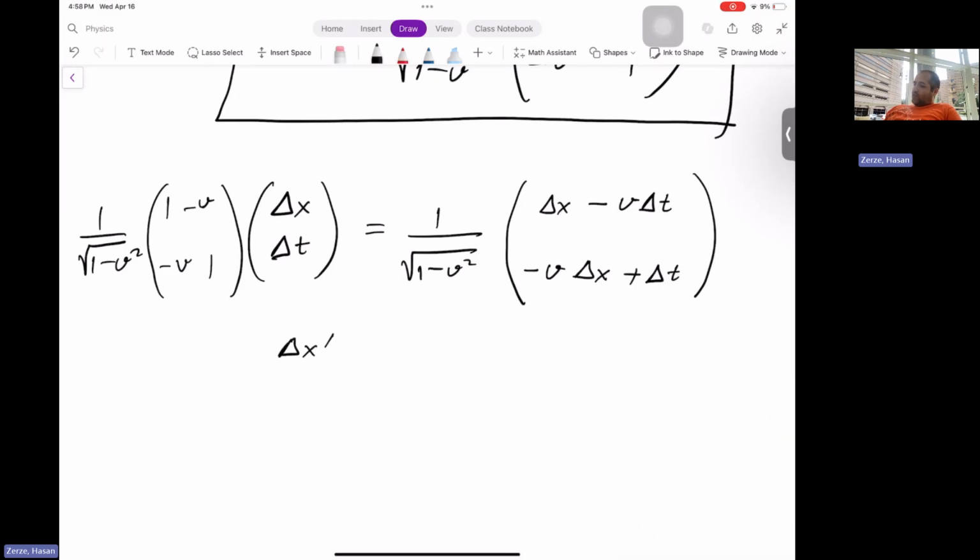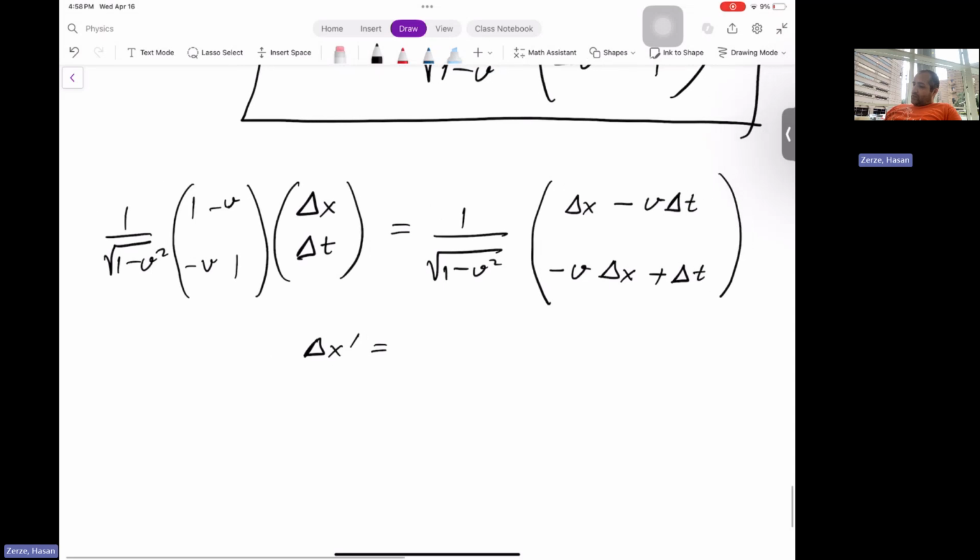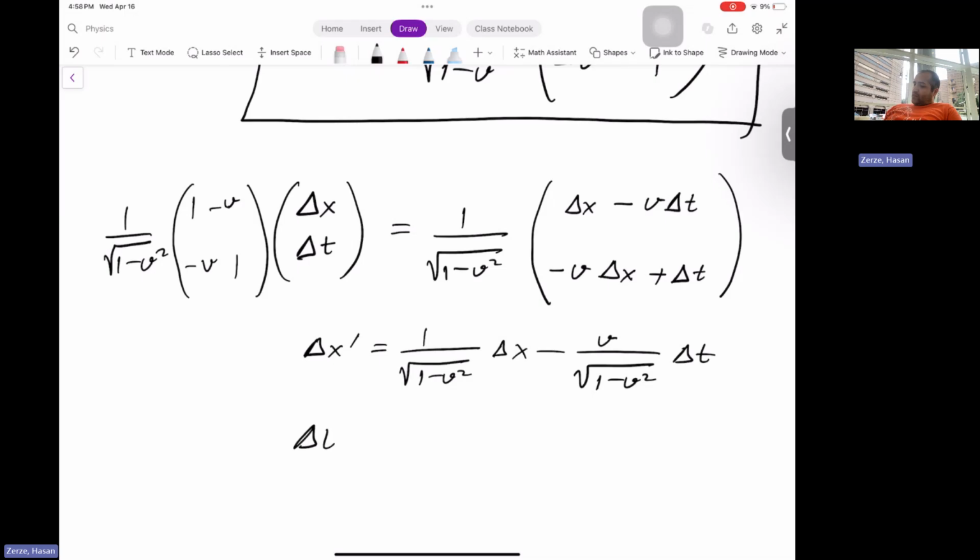The delta x prime is 1 over square root of 1 minus v squared delta x minus v over square root of 1 minus v squared delta t. And the delta t prime is minus v over square root of 1 minus v squared delta x plus 1 over square root of 1 minus v squared delta t.